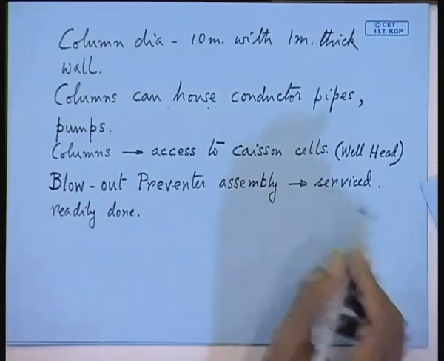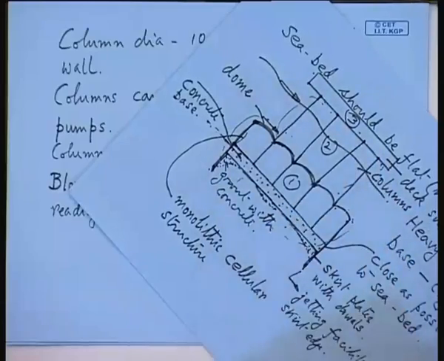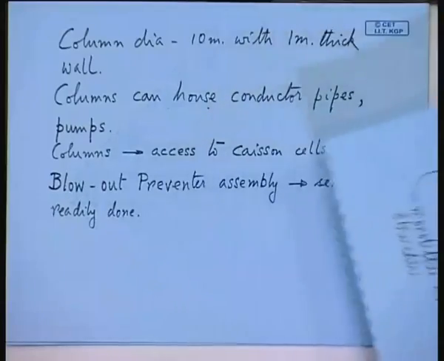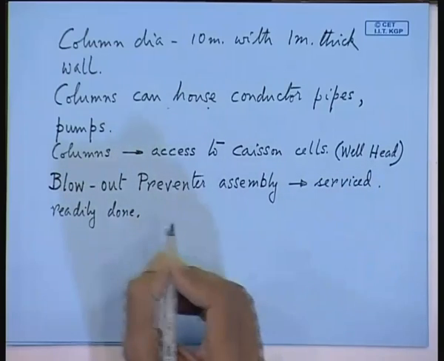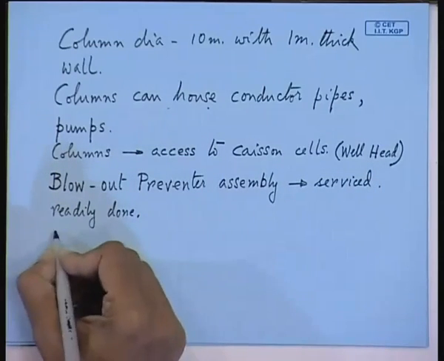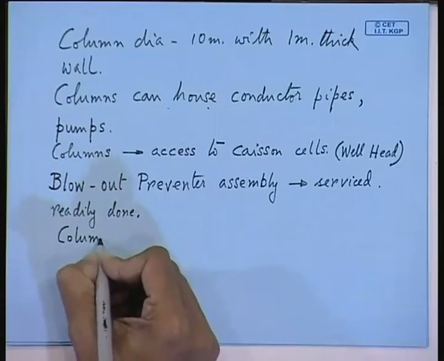So one column serves as a conduit for your pipes, access, and housing the pumps. The other columns are basically for support. Columns provide support to the deck.